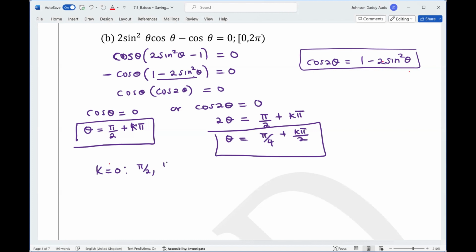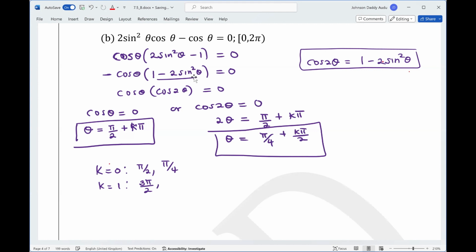From here, we'll have pi over 4. Now, can k be equal to 1? Yes. If k equals 1, from here we'll get 3 pi over 2, right?